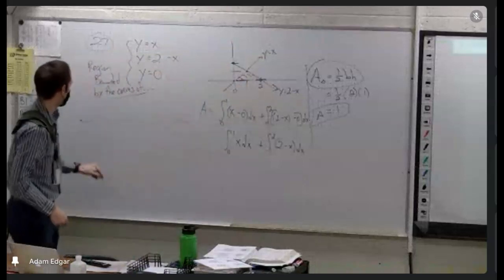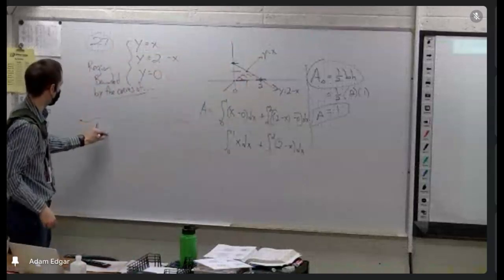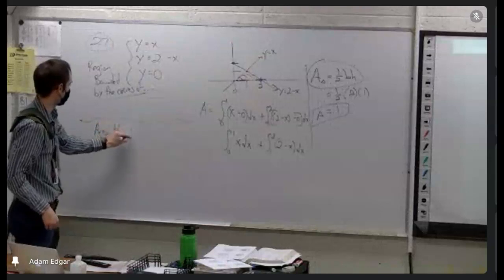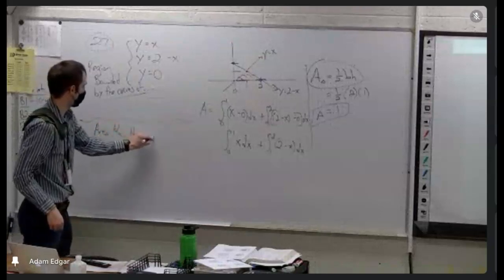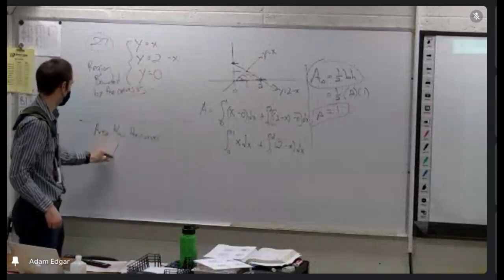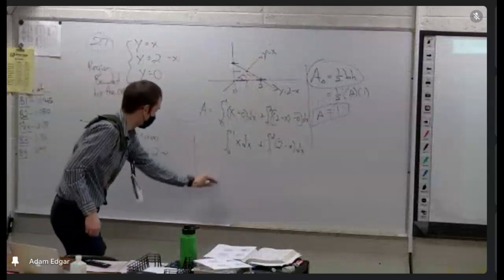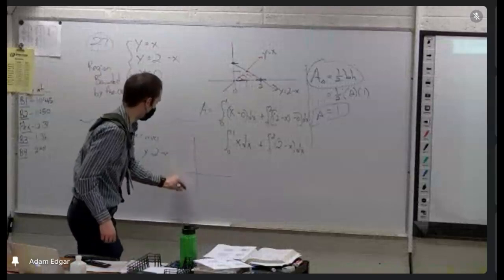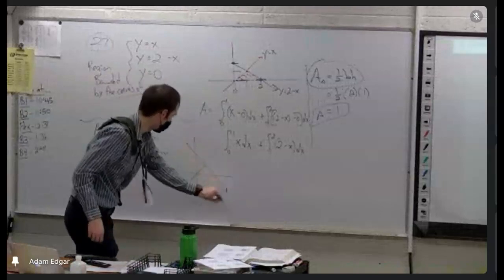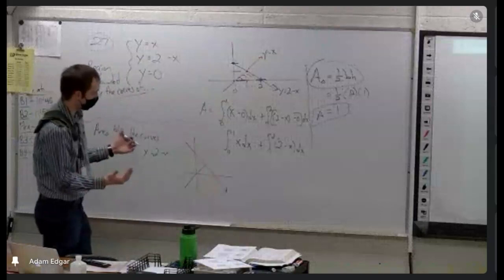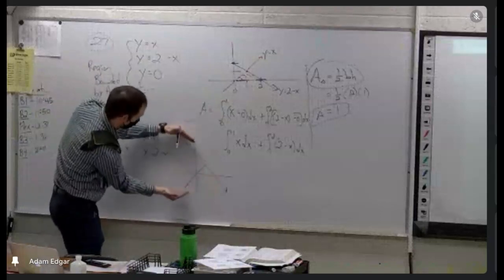If we find the area between the curves, we have y equals x and y equals 2 minus x, and then the area between is this space and this space.